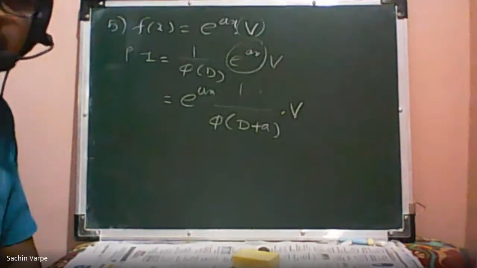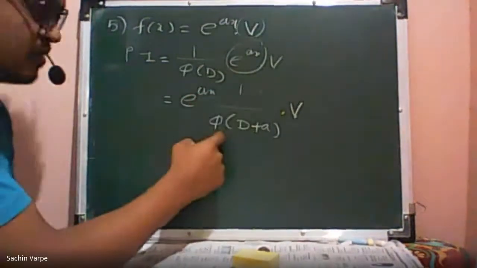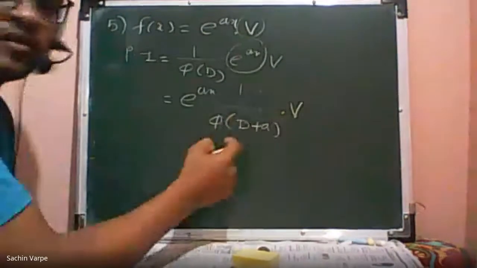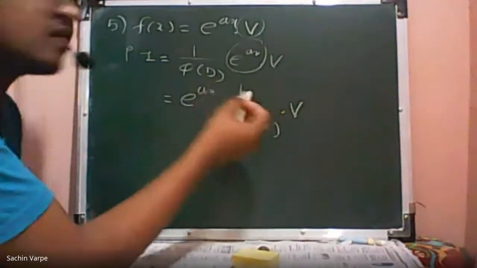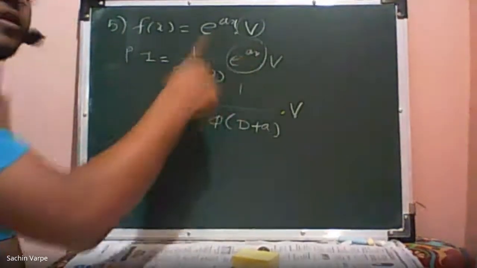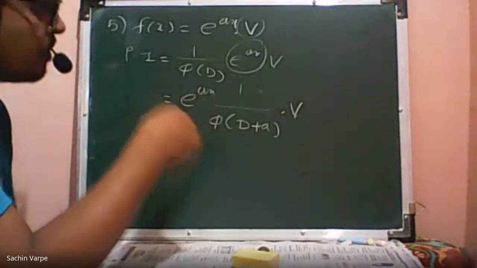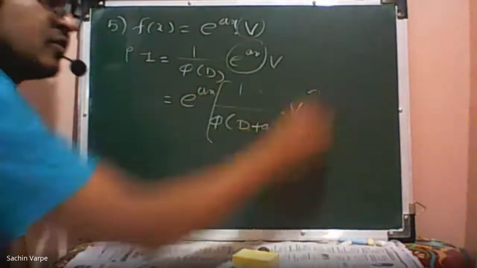It's too late actually. Anyways, e raised to ax into 1 upon phi of d plus a into v. If it is e raised to minus ax, then we replace d by d minus a, remember. So whatever the coefficient, we replace d by d plus that coefficient, okay? And then we will proceed in this case using the case of v.